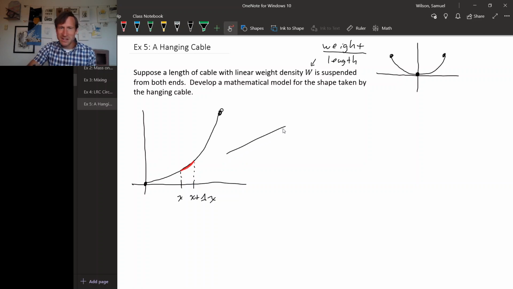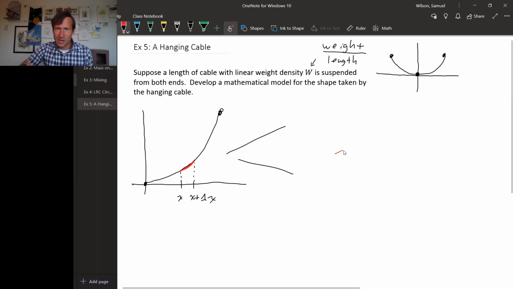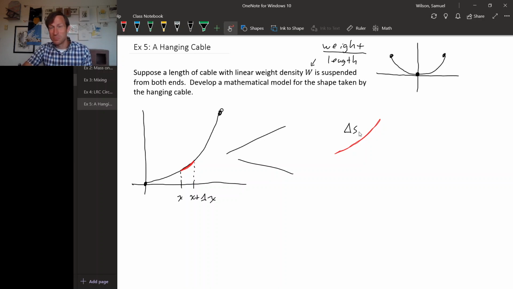Now if we zoom in on just that little piece of the cable, we have this red piece of cable here, and let's call the length of this bit of cable delta S. Right? S is a common symbol for arc length, so delta S just means this is some small bit of arc length.